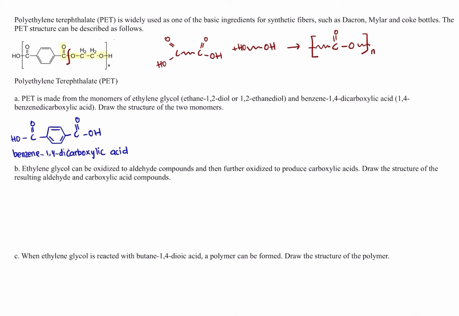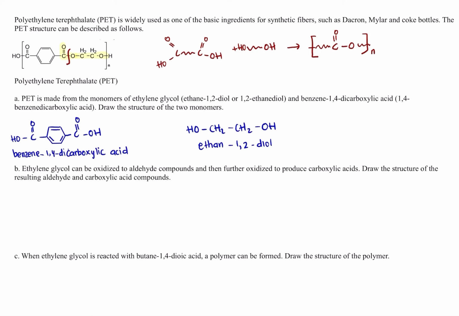So then we can draw, this one should be the alcohol, so CH2, CH2OH. And this is basically the ethylene glycol. So this is the diol, or I'm going to write here, this is the ethane-1,2-diol.